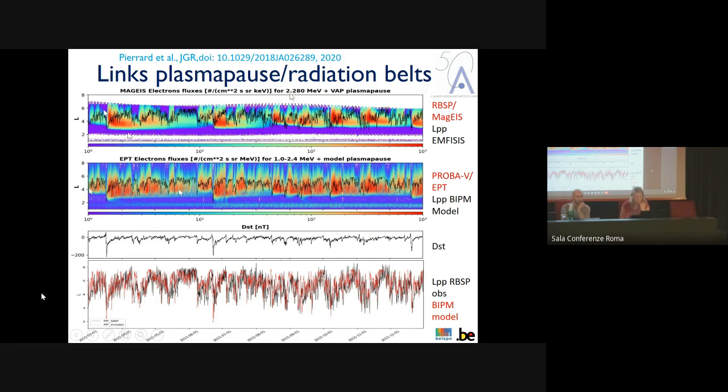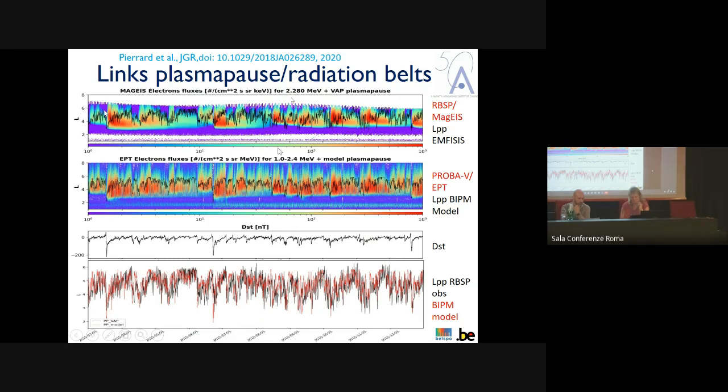And here, the second plot shows the plasmapause obtained with the model. That's the black dotted line, and observations of the radiation belts made by our instrument, the Energetic Particle Telescope. That has a completely different orbit, a low Earth orbit, but that shows also the same injections, and especially sometimes injection in the inner belt.